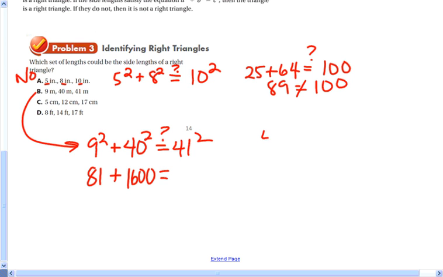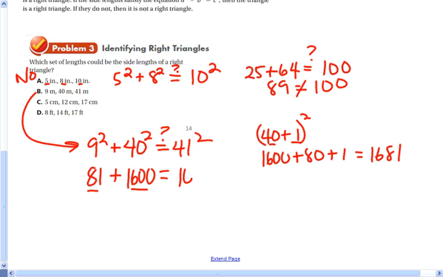I'm going to use one of my little tricks to do this. 40 plus 1 squared, that's 40 squared plus 2 times 40 plus 1 squared, which is 1681. Is 81 plus 1600 equal to 1681? Yes, it is. So that's a yes. All right. You can go ahead and do the other two. I think you know how to do it now.